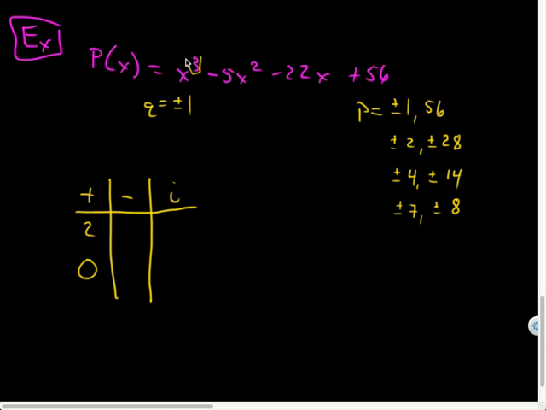I'm expecting 3 total, right? And if I do p of negative x real quick, I will get negative x cubed minus 5x squared plus 22x plus 56. So there's 1 sign change there. So 2, 1, 0 or 0, 1, 2 are the possibilities for this.